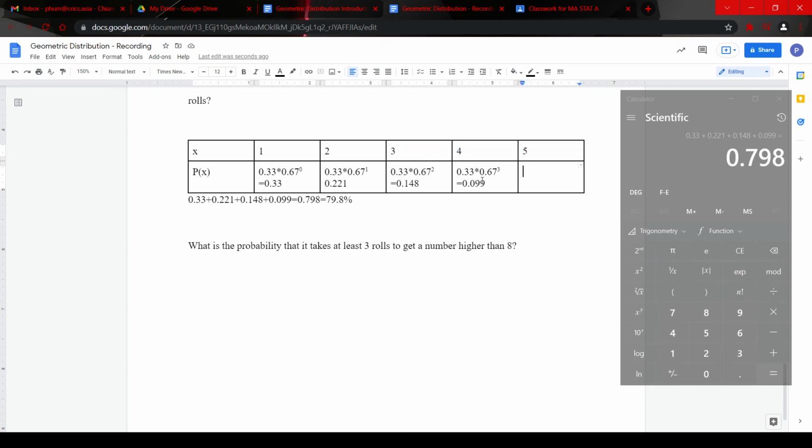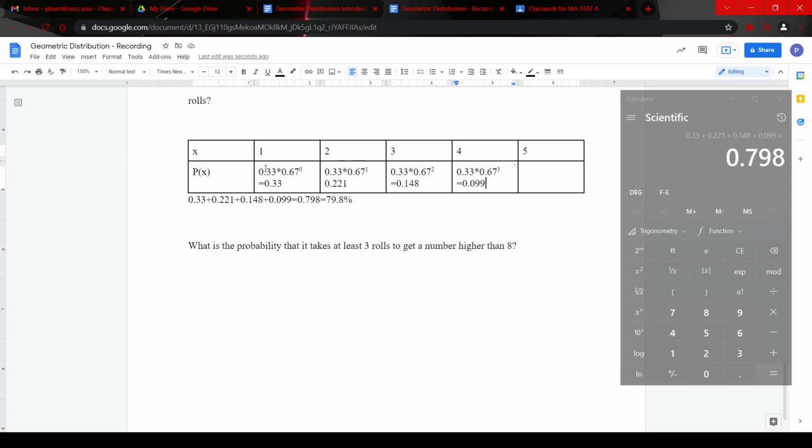Now, we don't have the resources to calculate all of those probabilities and add them up, right? But what we do know is that if we add up all of our probabilities, it must be equal to 1 in decimal form, or 100% if you're writing in percent, right?